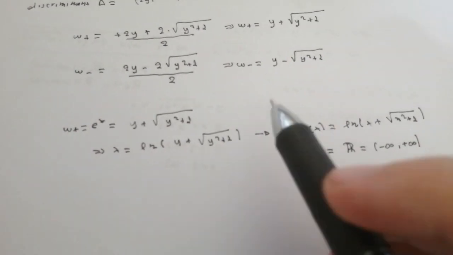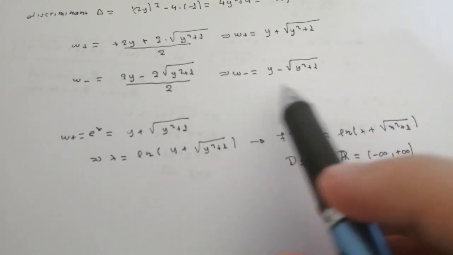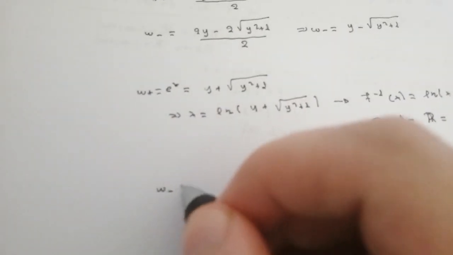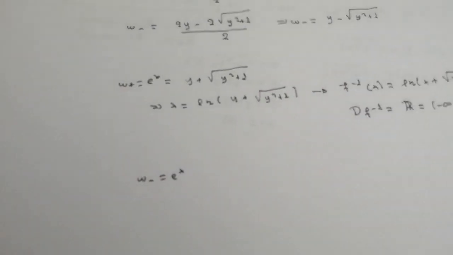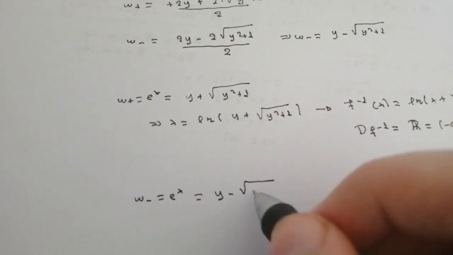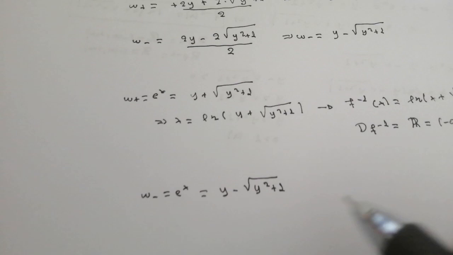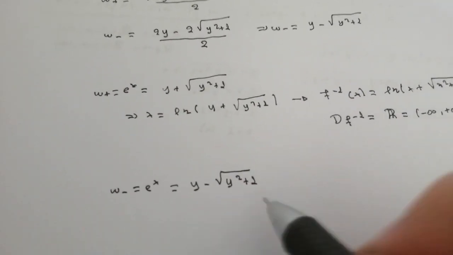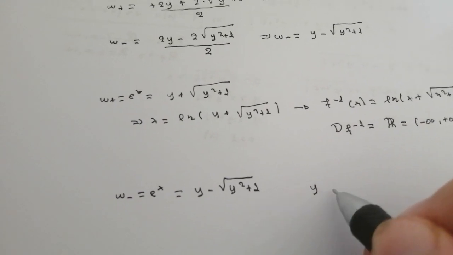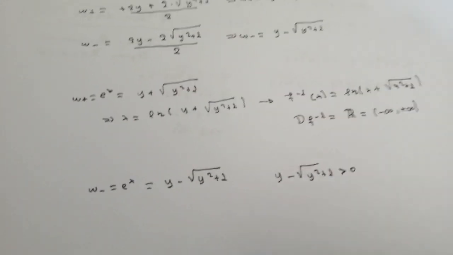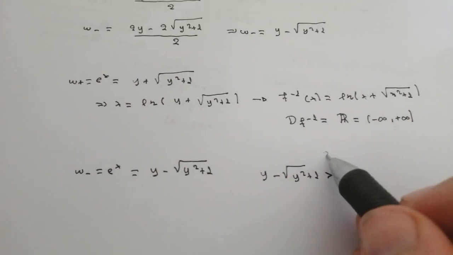But now probably we have to neglect the other one, so let's make a test. Omega minus is e to the power of x, which is y minus square root of y squared plus 1. So this should be a strictly positive quantity, but let's test. Does this hold?